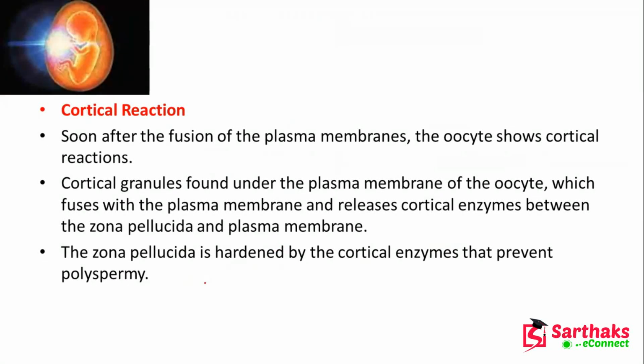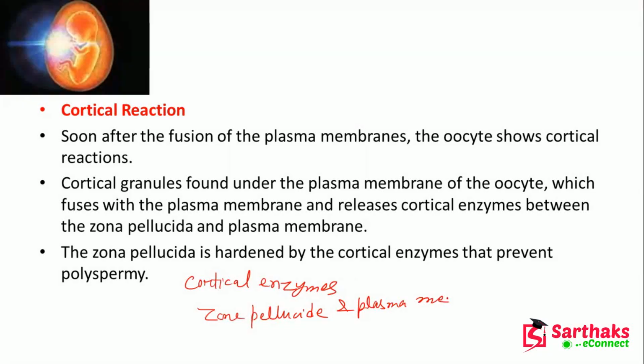Now the cortical reaction. Whenever the fusion of the plasma membrane happens, the oocyte shows a cortical reaction. Cortical granules found under the plasma membrane of the oocyte fuse with the plasma membrane and release cortical enzymes between the zona pellucida and the plasma membrane.